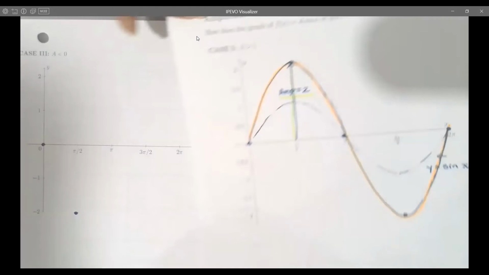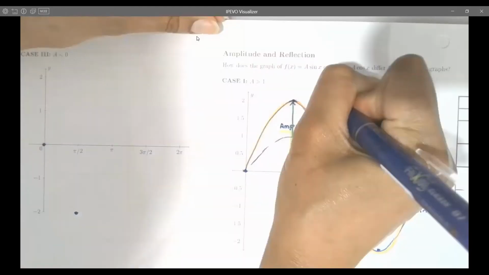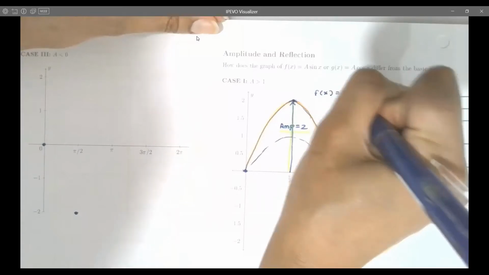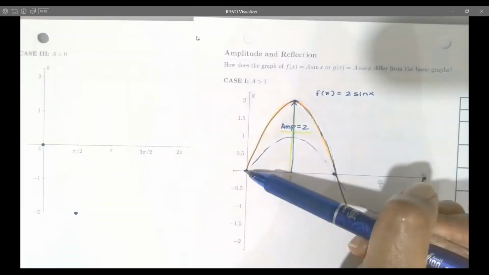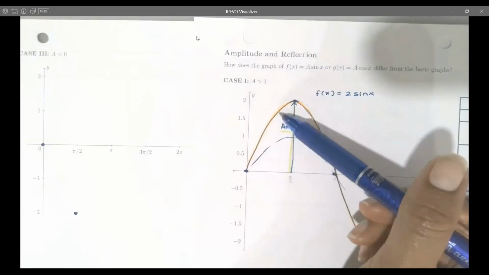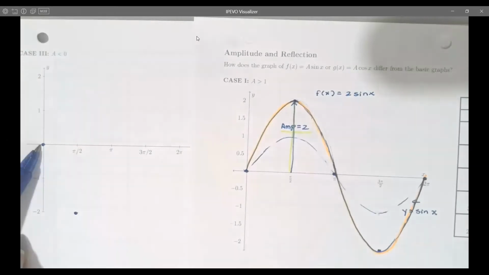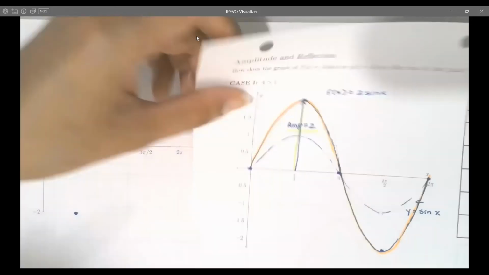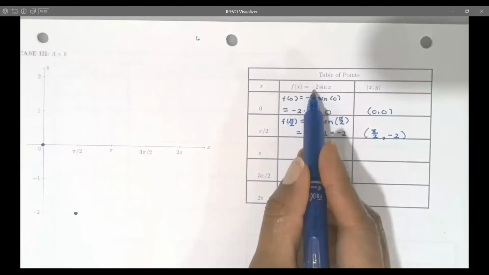Because this is from page 5. This is the f of x is equal to 2 sine x on page 5. And it starts at 0, 0, but it begins curving up into the positive y direction. In this case, we see that it starts at the origin, but it then curves down to the negative y direction instead of going up. And it has to do with that -2.